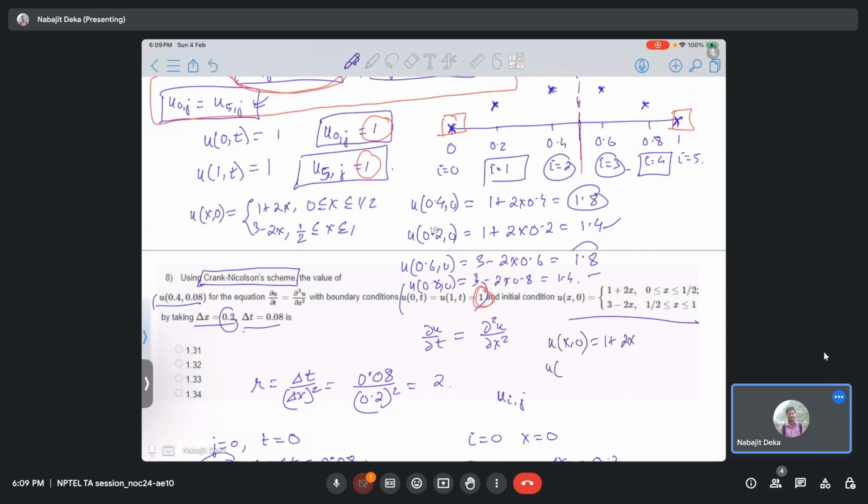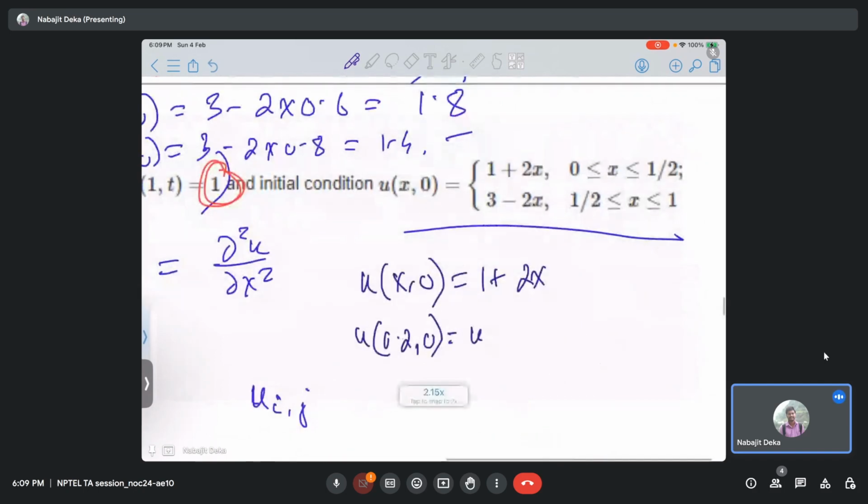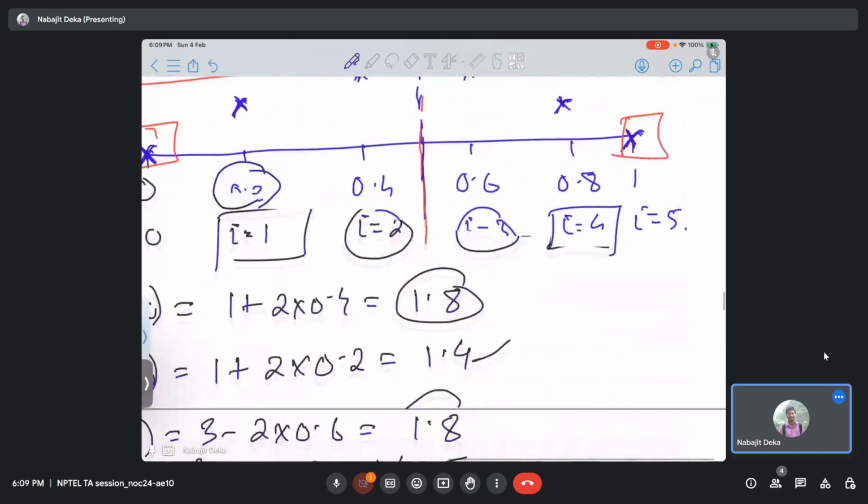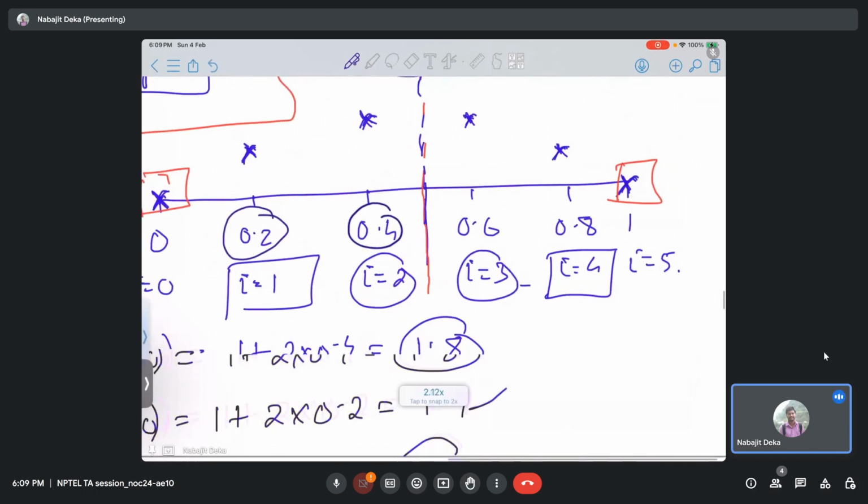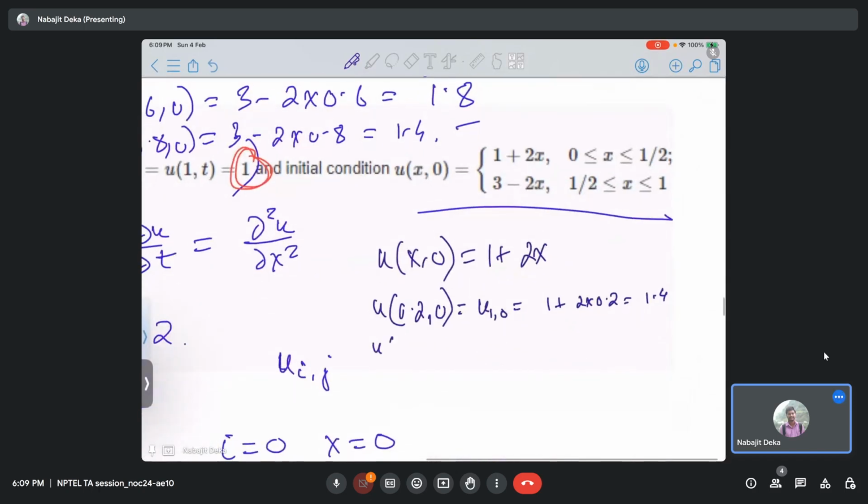So u1 comma 0 means x equal to 0.2, which gives 1 plus 2 into 0.2, that is 1.4, and u2 comma 0 is x equal to 0.4, so 1 plus 2 into 0.4 is 1.8.